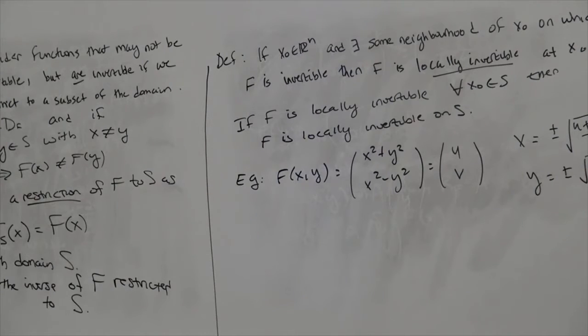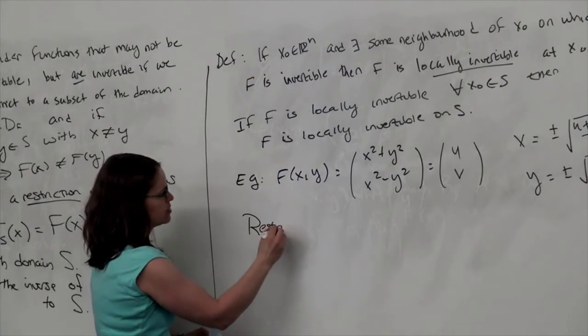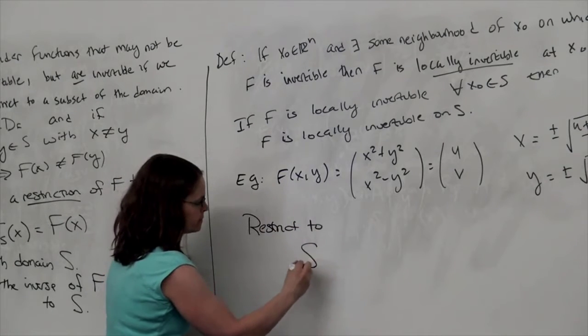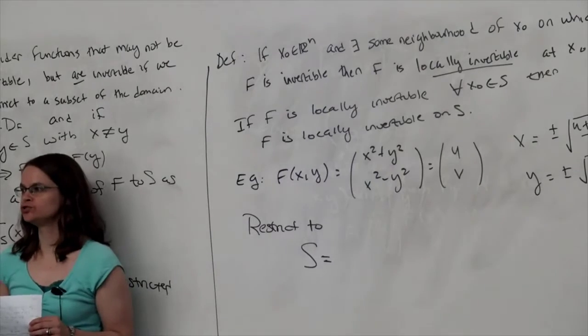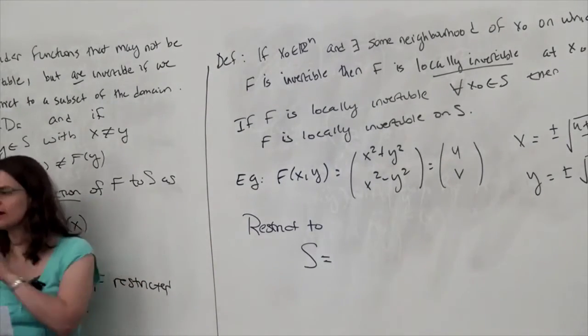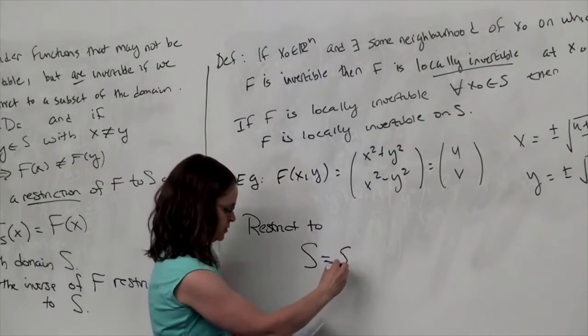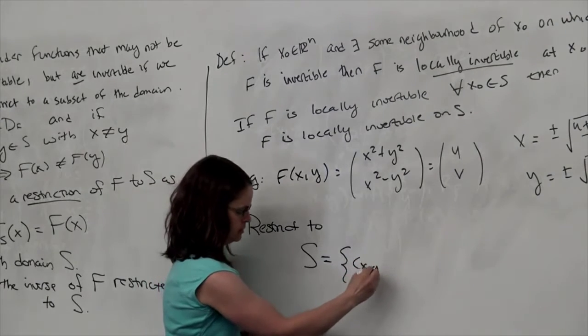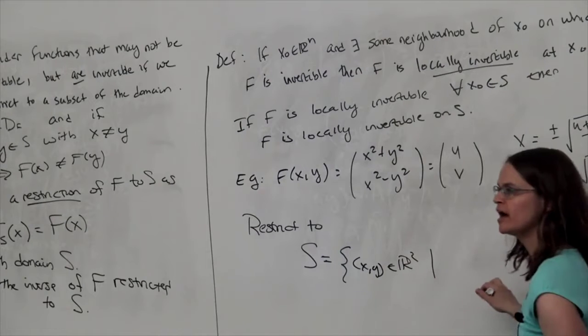Now I'm going to consider a smaller set, not all of R^2. So let's restrict to this set. Clearly I could restrict to any quadrant, right? And I'm in business. But I can do more than that, actually. I can restrict to almost all of R^2. I just have to throw out the axes.